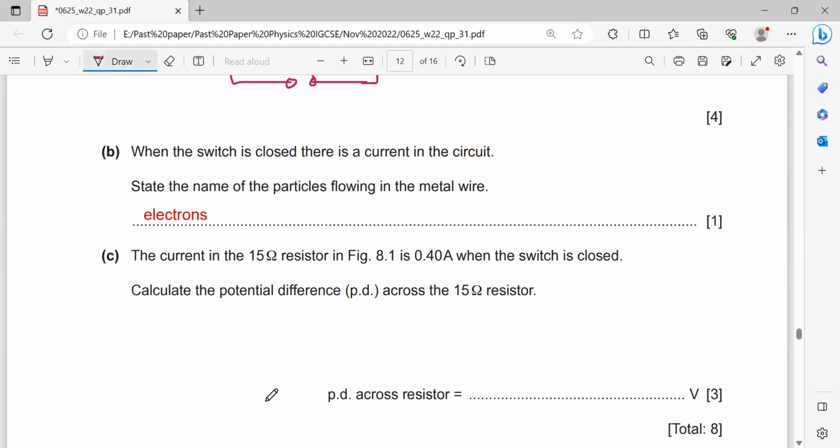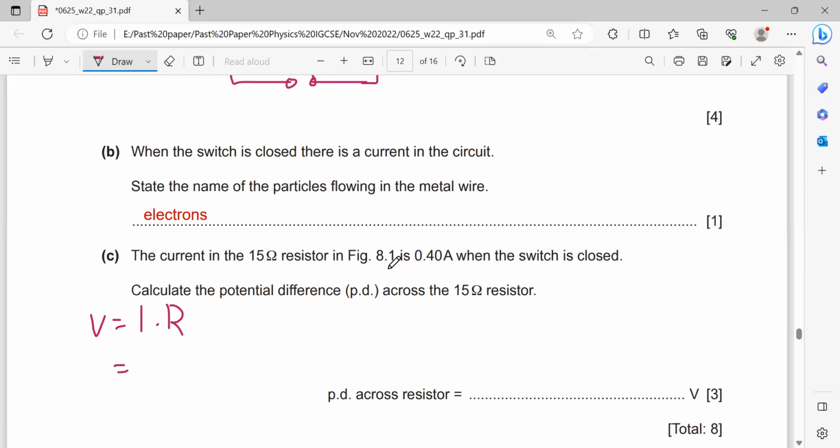We should calculate with this formula: the potential difference V equals I times R. I is the electric current, while R is the resistance.